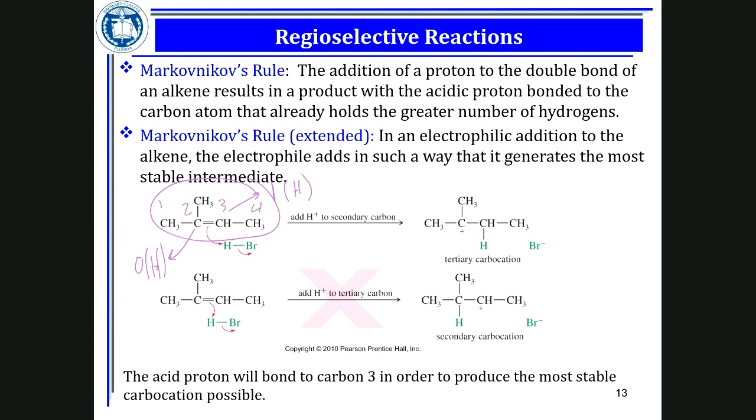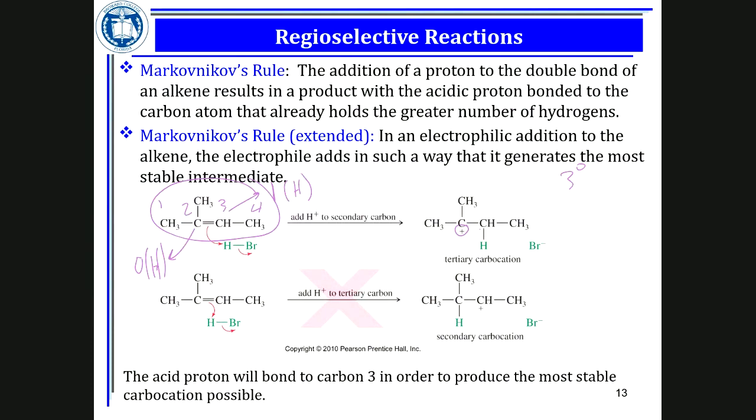What is Markovnikov's rule? It says that hydrogen is going to add to the carbon with the greater number of hydrogens. And the justification for that is, when the hydrogen is added to the carbon with the greater number of hydrogens, then the plus charge is on the carbon that has fewer hydrogens, or is more substituted, or has a higher degree.